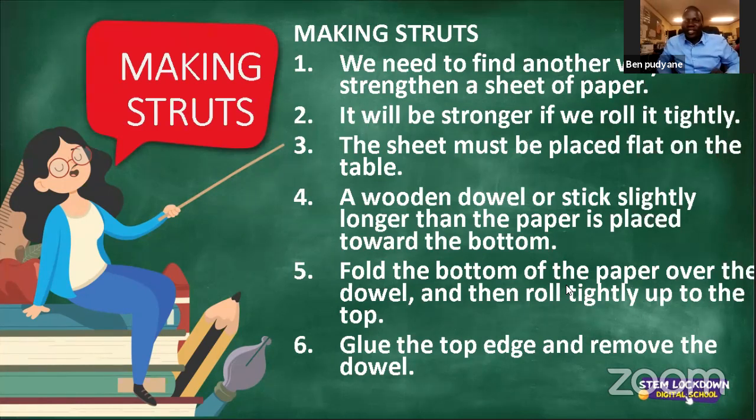The sheet must be placed on a flat table, and a wooden dowel or a stick slightly longer than the paper is placed towards the bottom. So here we are going to take a paper that I'm holding and roll it around a dowel, a stick that we are going to use again.